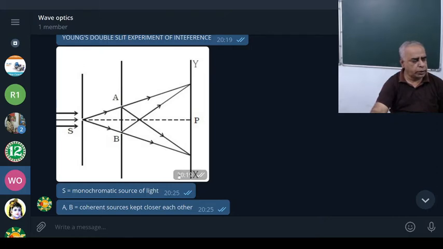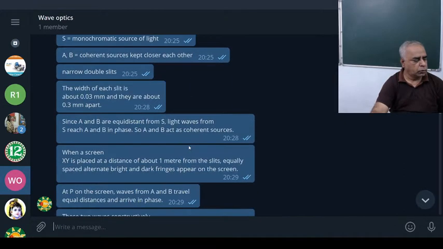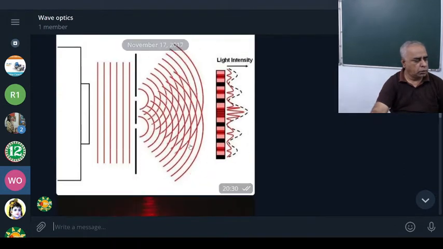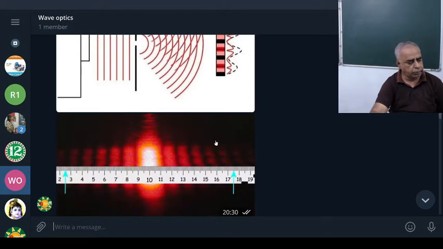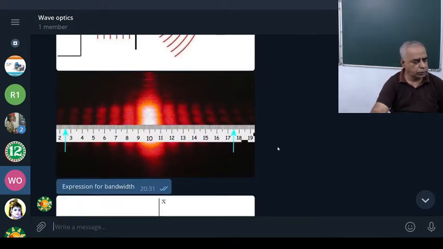XY is the screen where the light is diffracted from A, and another light is diffracted from B, and they interfere at some point P or Q. So here Q. This is the pattern we get, alternating bright bands and dark bands. So the fringes will be like this.